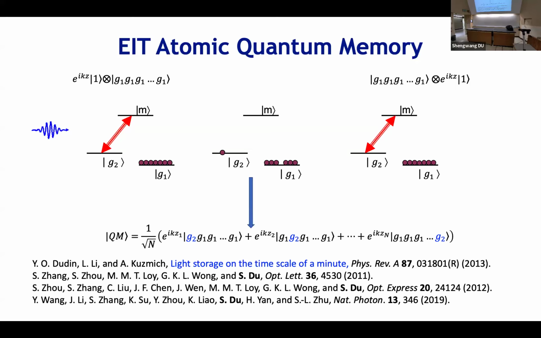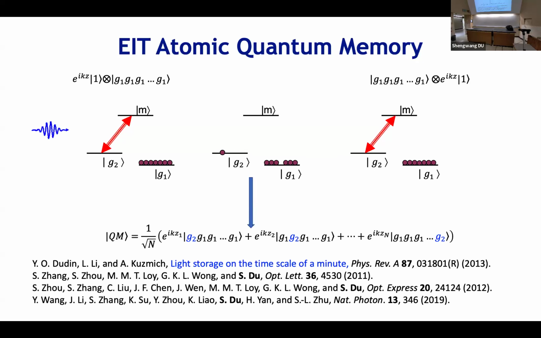If there's a stored photon in the system, you read it out after some time. Because in this system there are two ground states, it can live for a very long time. Then you can store it there and read it out. I call this quantum memory.